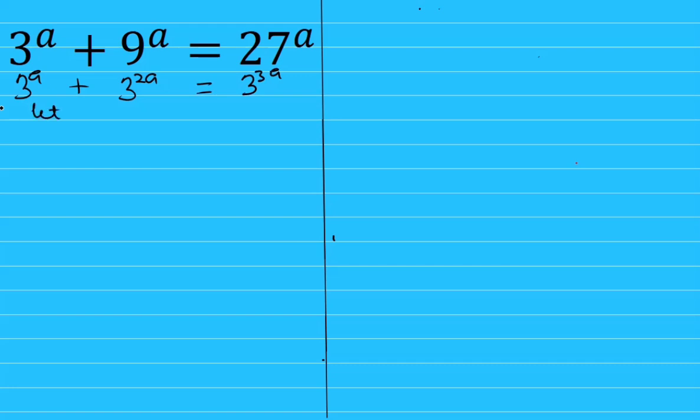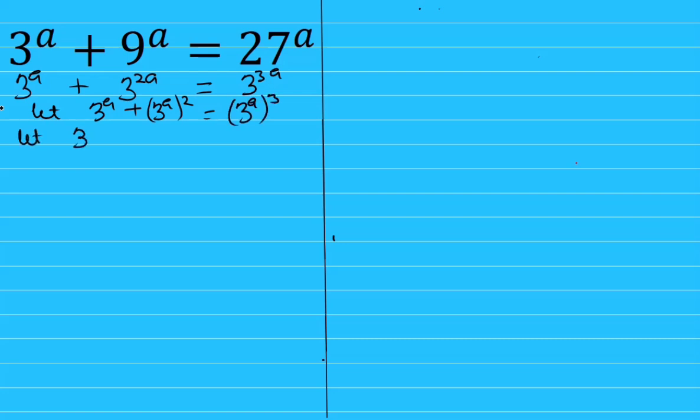Now let's express these in terms of 3^a so that we can have a common expression. So we have (3^a) plus (3^a) squared equals (3^a) cubed.